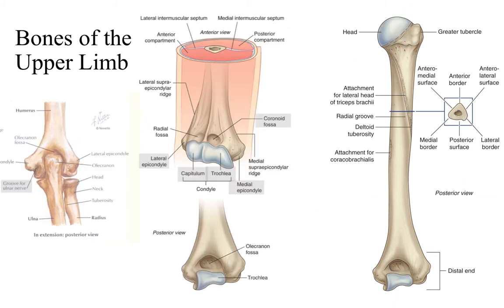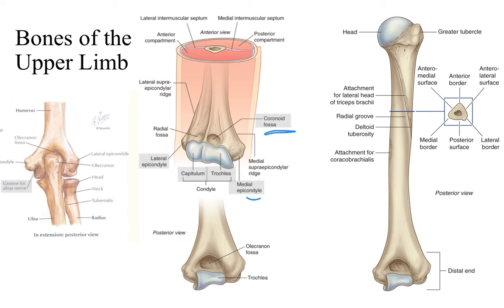All right, moving on to the distal end. For me, it's easier to tell the anterior from the posterior of the humerus by looking at the distal end of the bone, because there's a lot of anatomy there that, again, in gray, that you need to be responsible for.